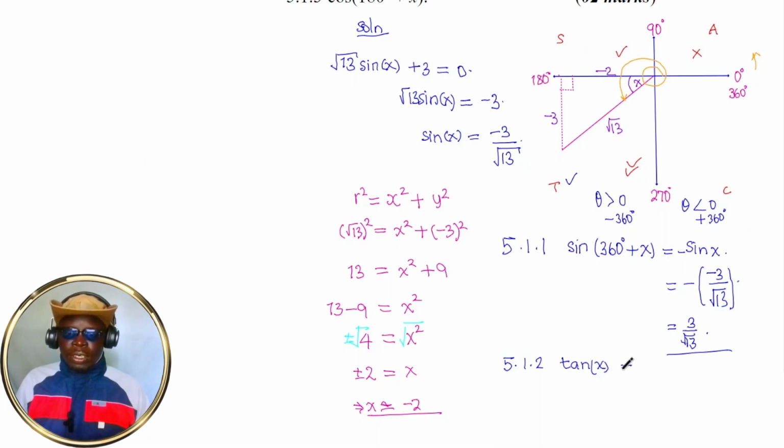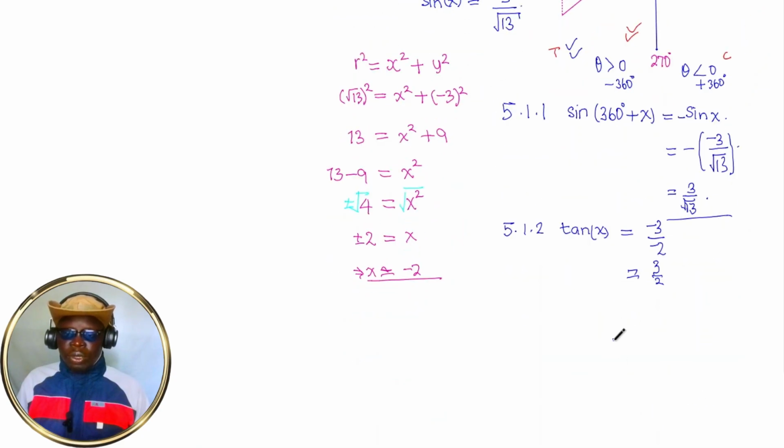So our opposite for this case is negative 3 over adjacent is negative 2. And also knowing that at this side tan is positive, so we'll go on and reduce this down, and we have 3 over 2. If you wish, you can write it also in decimal, and you have something like 1.5, and that is the solution for tan x.